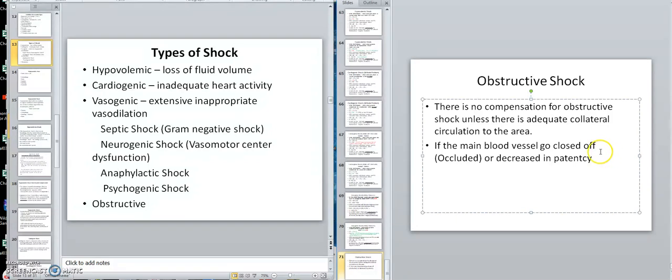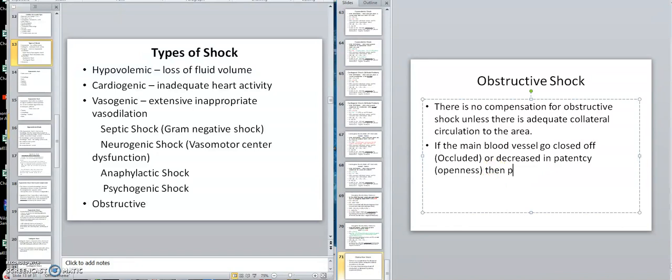Or decreased, occlusion means close off, a decrease in openness. Patency, openness.